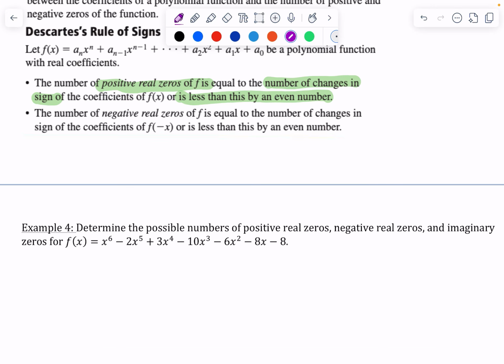If you notice, the first term is positive, the second term is negative. So that's one sign change. We went from positive to negative. The next term is positive, so that's another change from negative to positive. Then positive to negative, so that's another change.